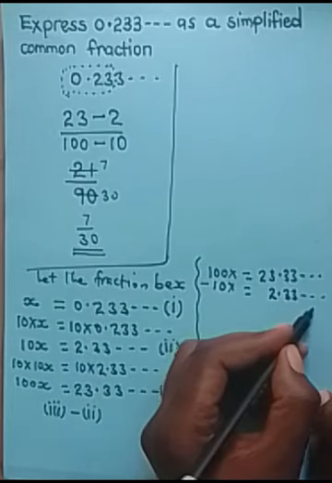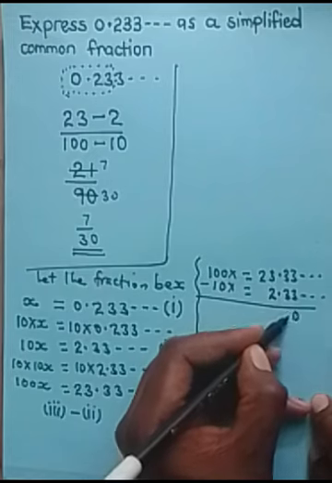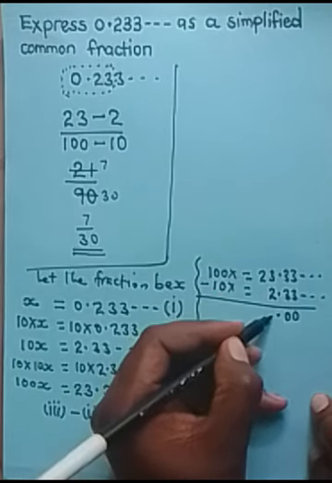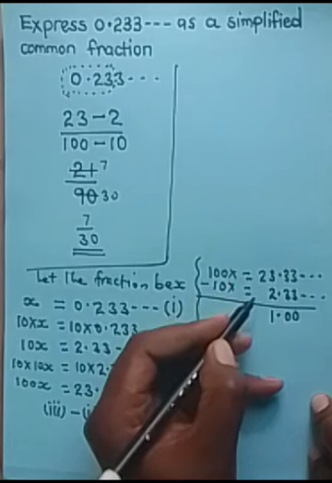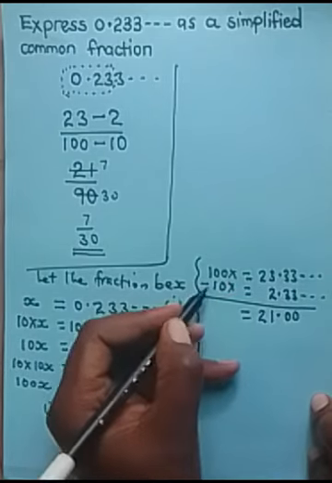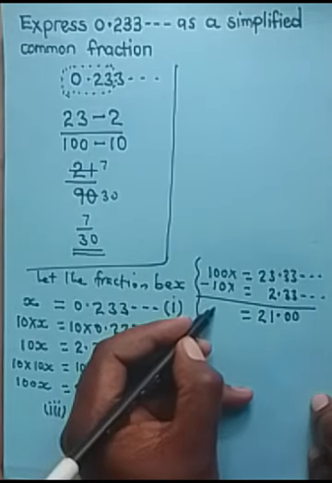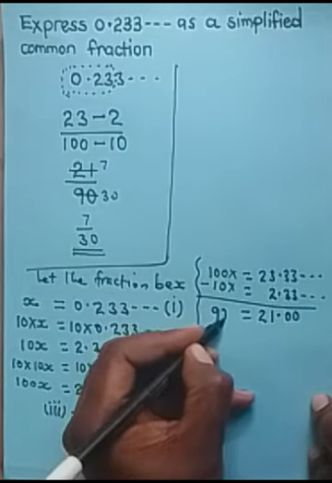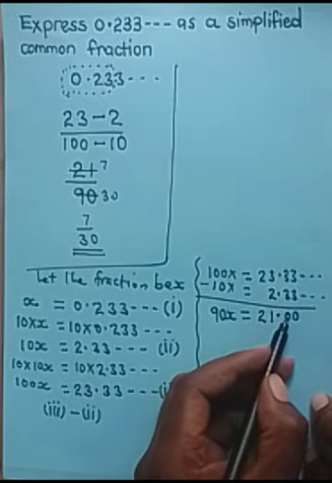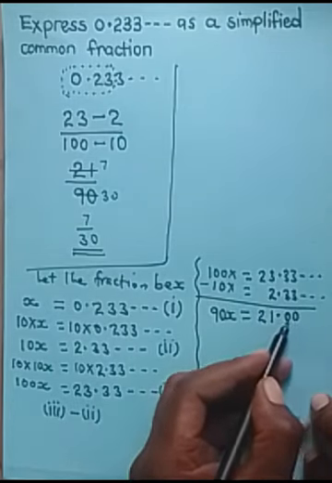Now we are going to subtract. When we subtract, here is 0, 0, decimal, 3 take away 3 is 0, 3 take away 2 is 1, 2 take away nothing is 2. Equals 100x take away 10x, we have 90x. You will realize that we have eliminated the decimal places.